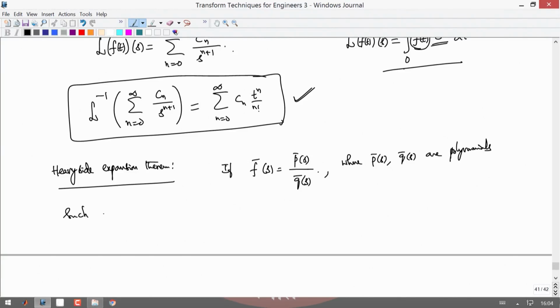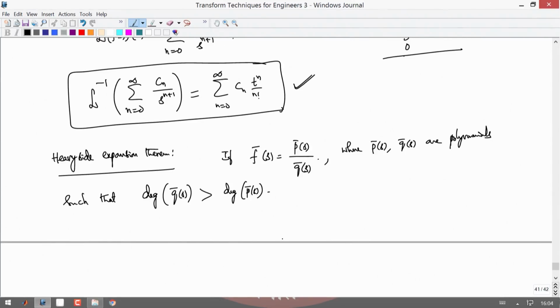such that the degree of q bar of s is always bigger than the degree of p bar of s. And then also assume that q bar of s has distinct zeros, call them alpha 1, alpha 2, up to alpha n.